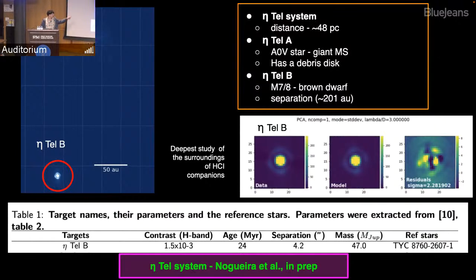And Eta Tel B, you can see below, is a brown dwarf, a very massive one, which is good because it's bright, so we can detect it, and it's well separated from the star, so it's not polluted by the speckles and the mask of the system. And we can see what we obtained with the old SPHERE observation: we cannot really see anything in the residual because we need deeper contrast.